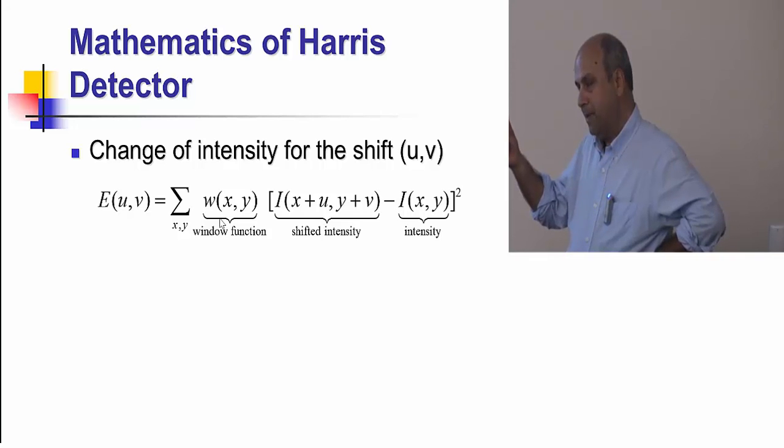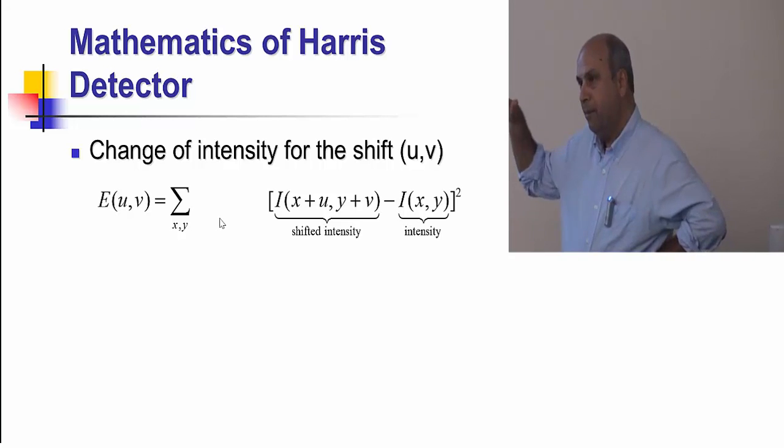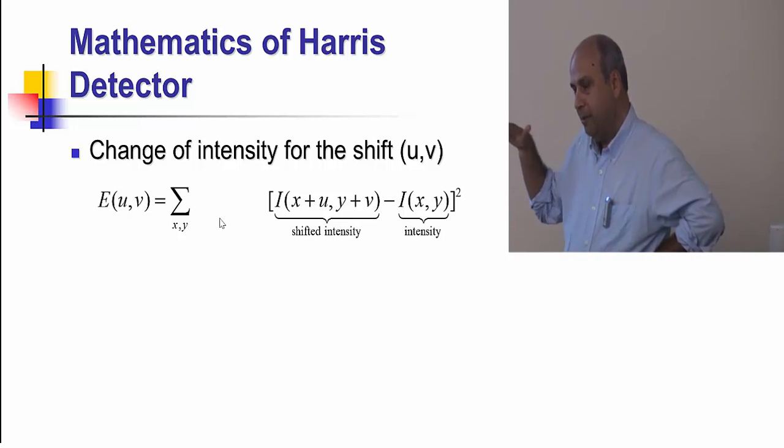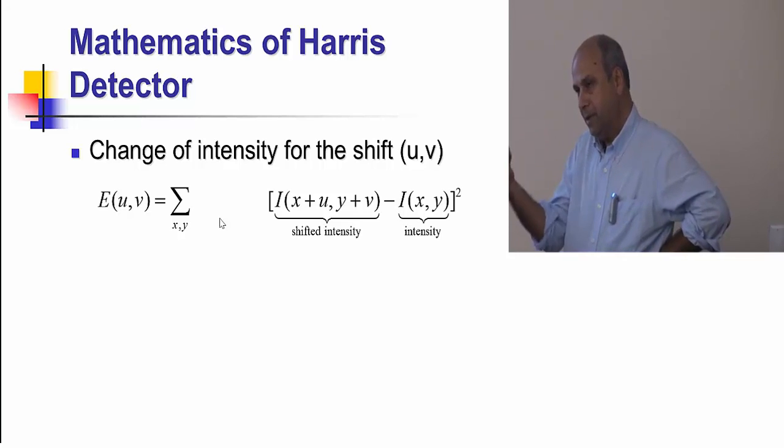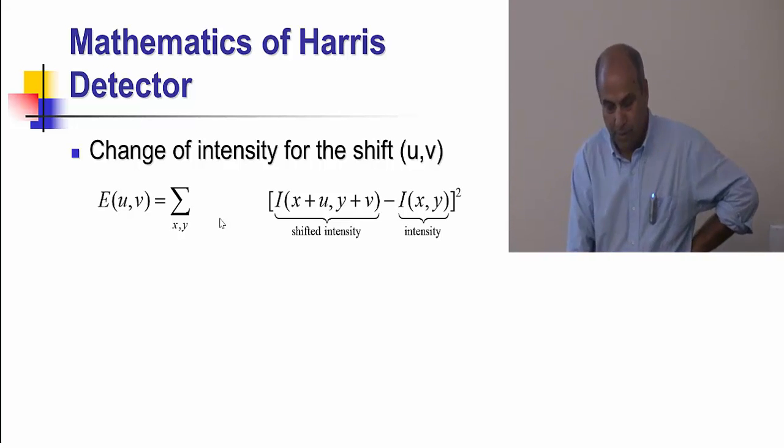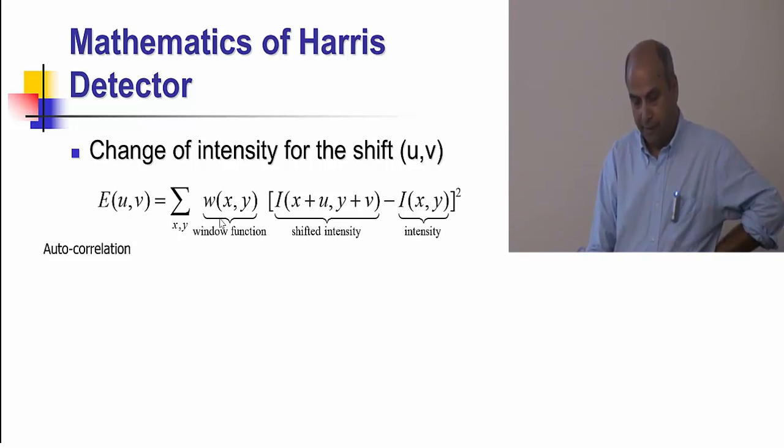You find the pixel by pixel difference, and for every pixel you have some weight. If you don't put it as uniform, every pixel is not weighted equally, but the weight can depend on, say, a Gaussian. The pixels in the center will have high weight, pixels further away will have low weight. That was the real one.